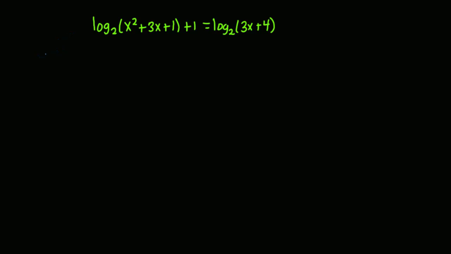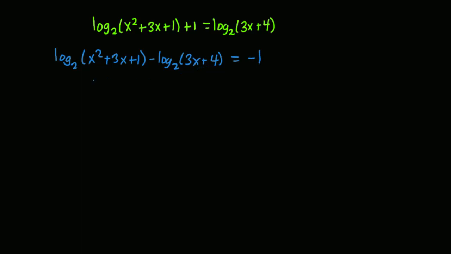I'll end up with log to the base of 2 of x squared plus 3x plus 1 minus log to the base of 2 of 3x plus 4. This should be equal to -1.